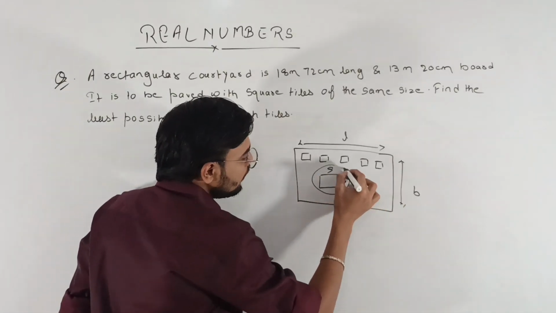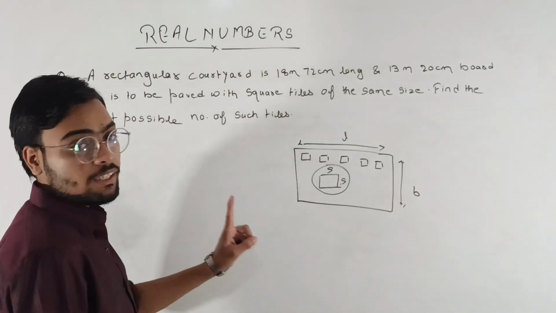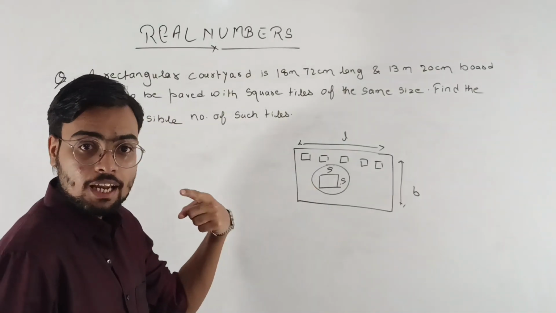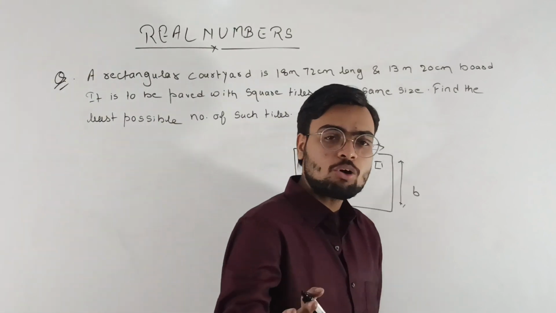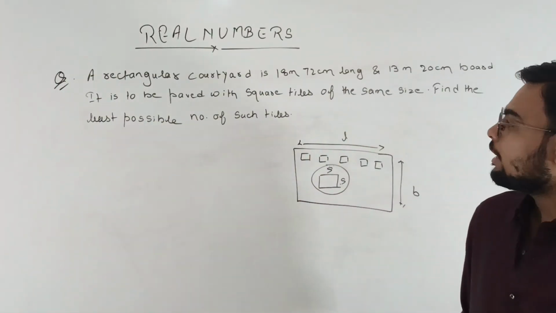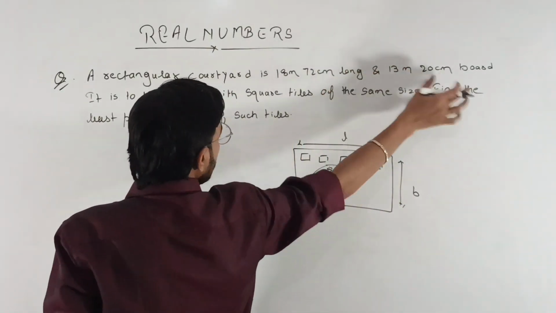This side of a square is always smaller than the length and breadth of the rectangle. In case of a smaller answer we take HCF; in case of a larger answer we take LCM. So we have to take the HCF of length and breadth.